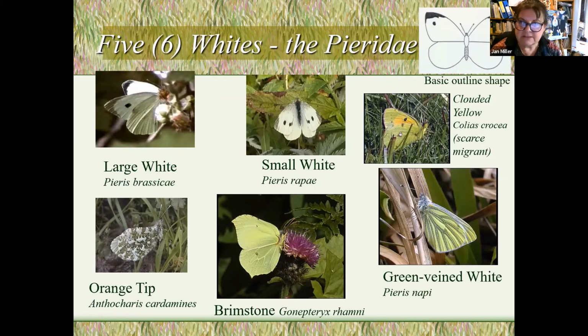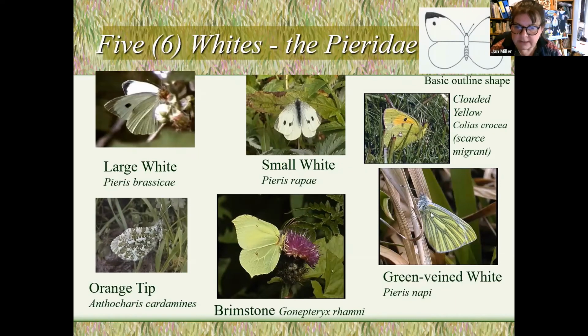And we sometimes get this clouded yellow, which, as you can see, when you see the 2 together, it's quite a different colour yellow. It's a more golden yellow, and also it's got more spots, dark spots on the underwing. But that's fairly scarce, and it comes over late in the year, like the painted lady.